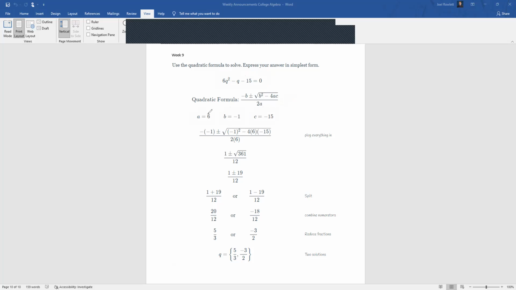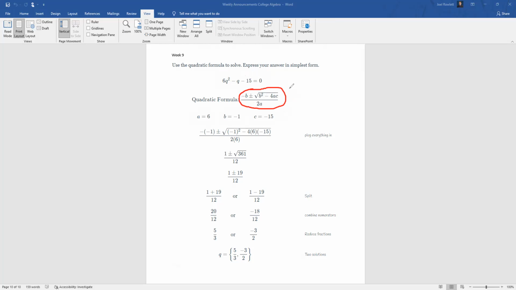If a is equal to 6 and b is equal to -1 and c is equal to -15, using the quadratic formula, all you really have to do is make the substitution and pay very close attention to your arithmetic. If b is equal to -1, then I have negative b here, because we know that it's negative b.